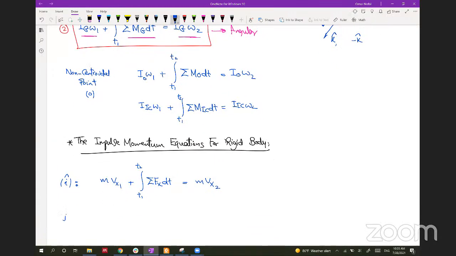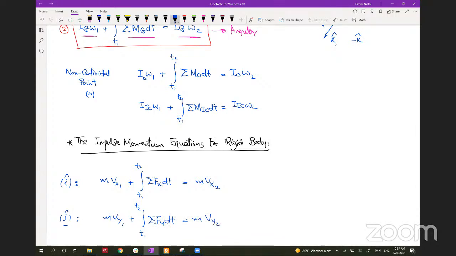And the equation in the j hat direction will be m v y1 plus the sum of Fy dt equal to m v y2. I didn't put vectors because I know all the x's are in the i hat direction and all the y's in the j hat direction.